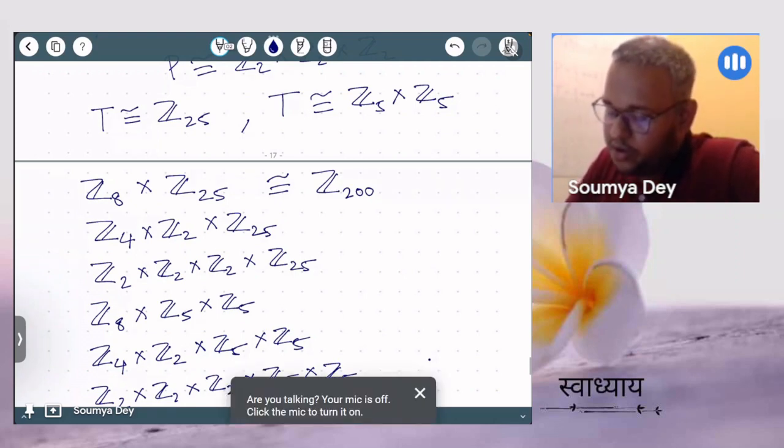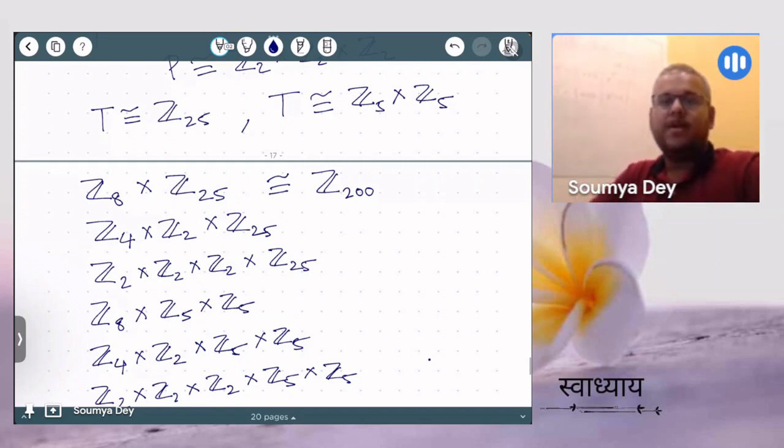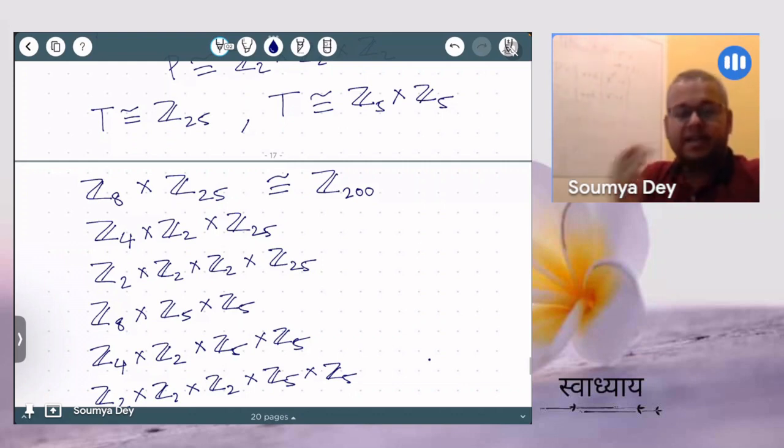In the second one you have Z4, then Z2, and then Z25. Among the first two, Z4 and Z2, I'll look at the highest order of 2 appearing here, which is 4, that is Z4. And in the second part, the highest order of 5 is 25. So I want to merge these two, Z4 and Z25.